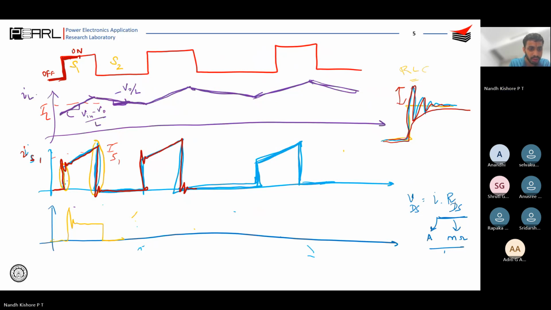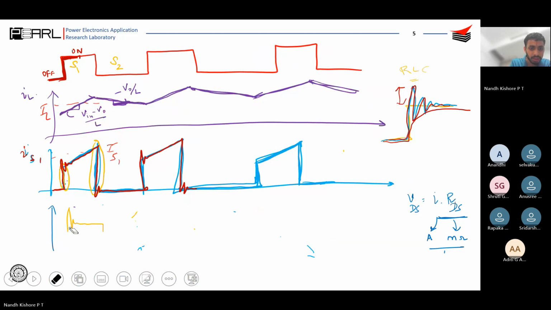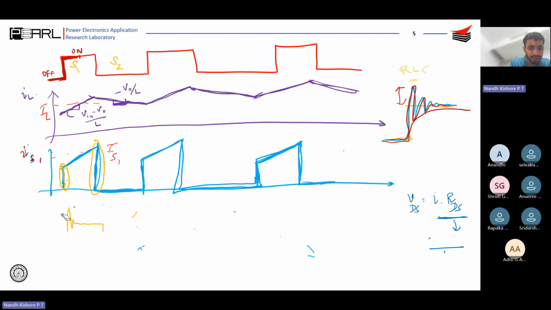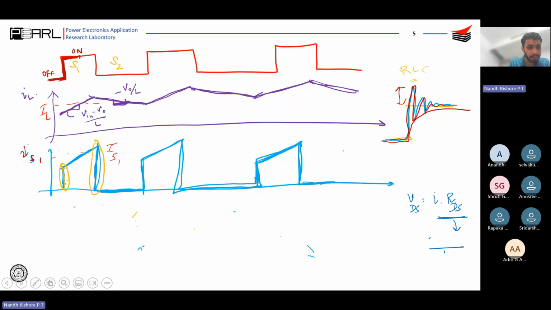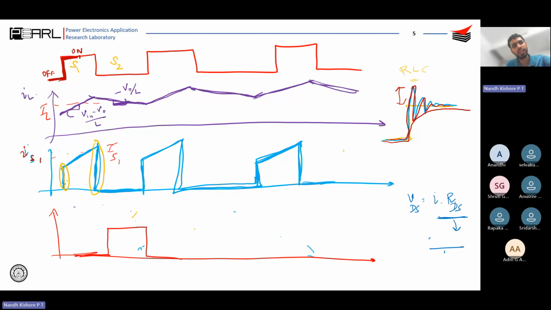Anyway, let me redraw it once again. If you see what VDS is, it's going to be I into RDS, then block some voltage, then it's going to be on, block some voltage, and so on.